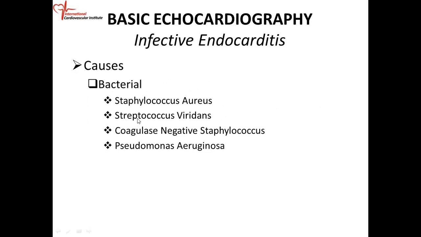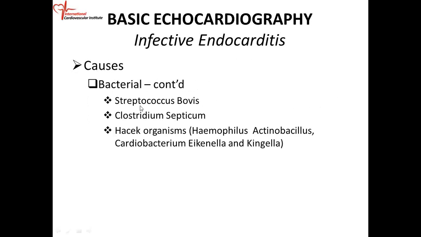Then that's followed by Streptococcus viridans, which is another common organism. Then coagulase negative Staphylococcus, Pseudomonas aeruginosa. So these are some of the more common bacterial causes. Strep bovis. So usually when you have strep bovis, it suggests that you might have some bowel malignancy.